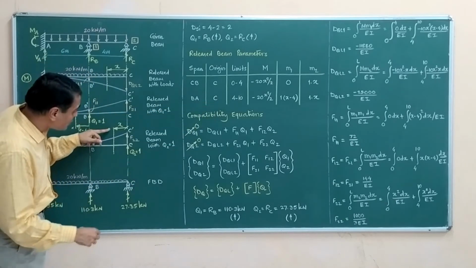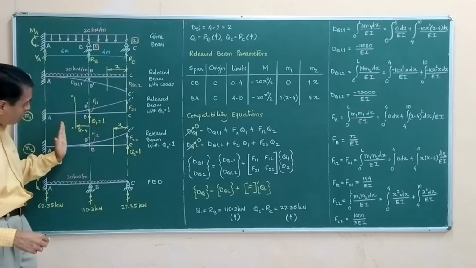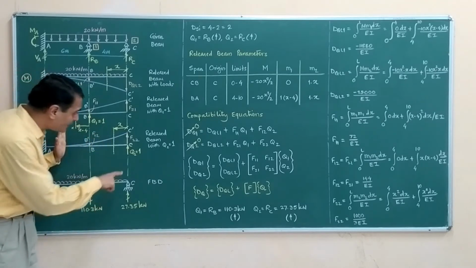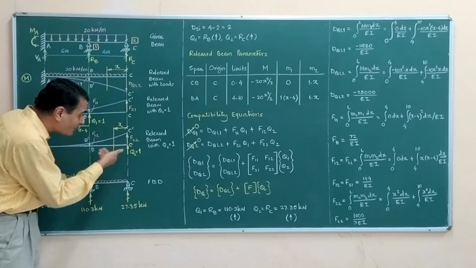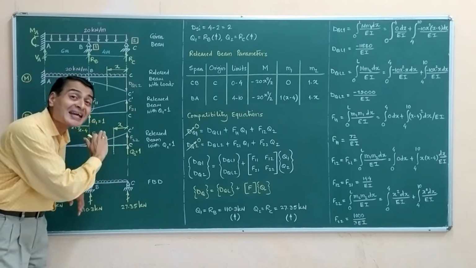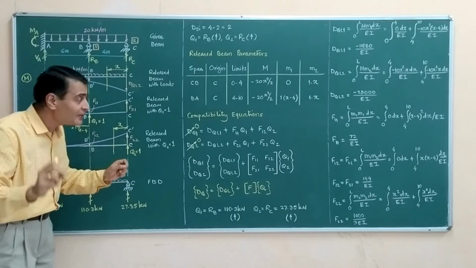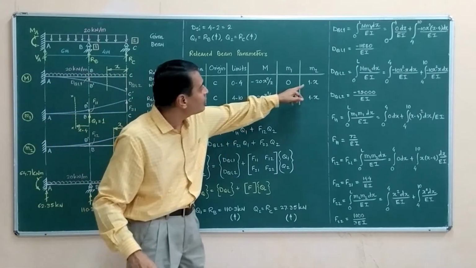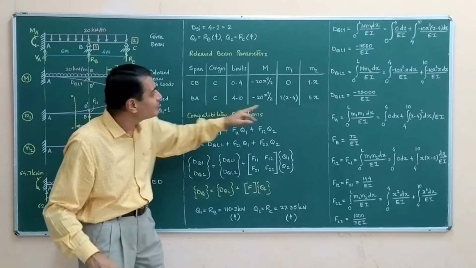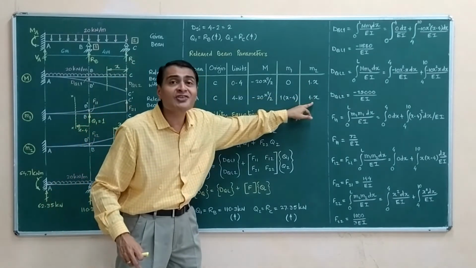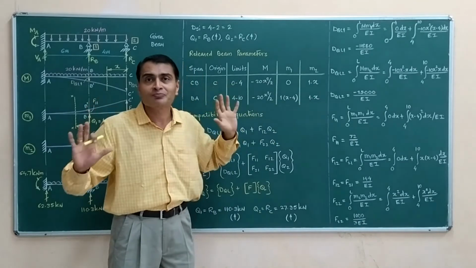Whether the section is here or here, you are observing that there is only this load acting and it will create 1 multiplied by x sagging bending moment. That's why I have written here for span CB as well as for span BA: it is 1 into x and 1 into x.